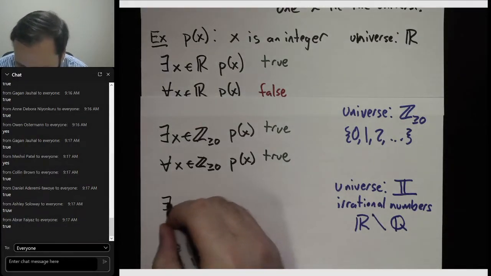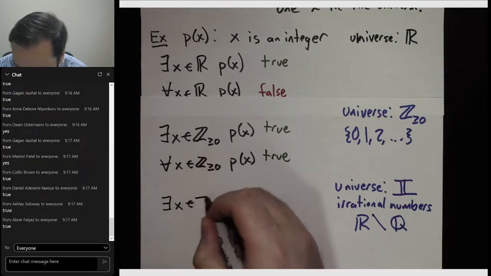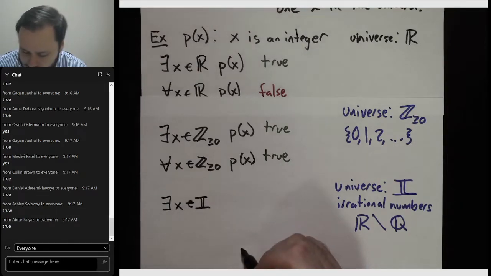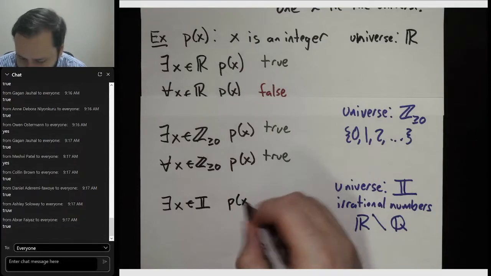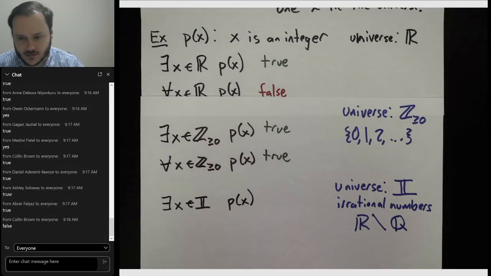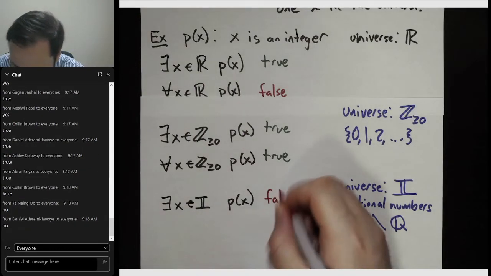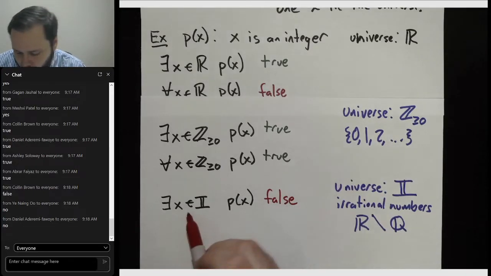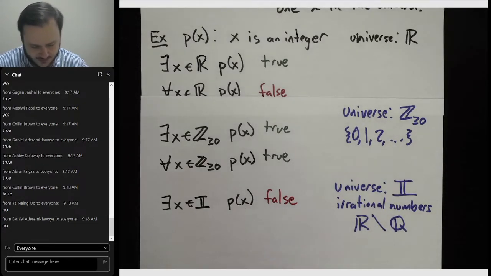Then, are there any irrational numbers that are integers? No. None of the irrational numbers are integers.